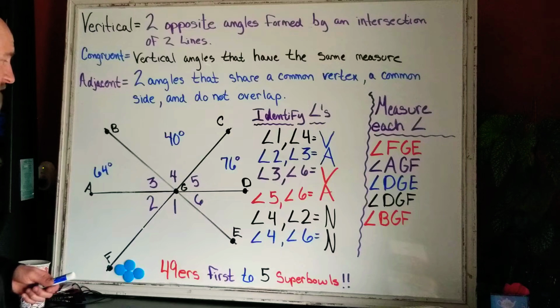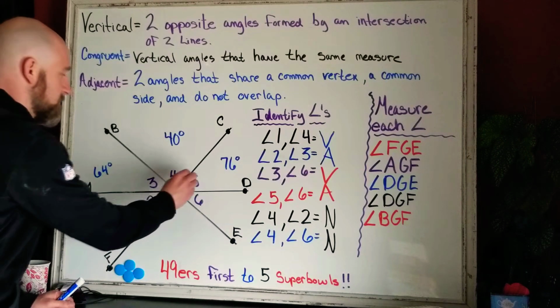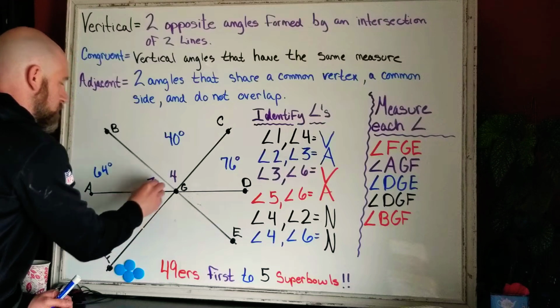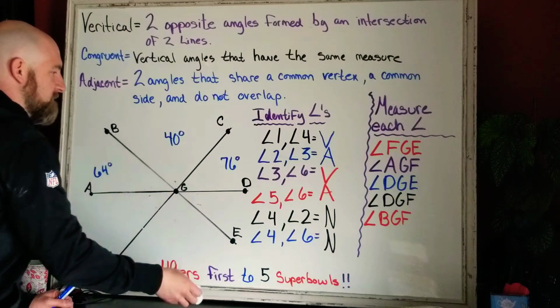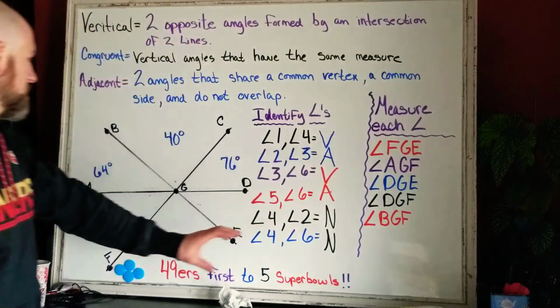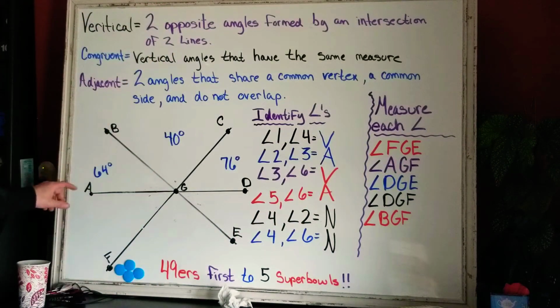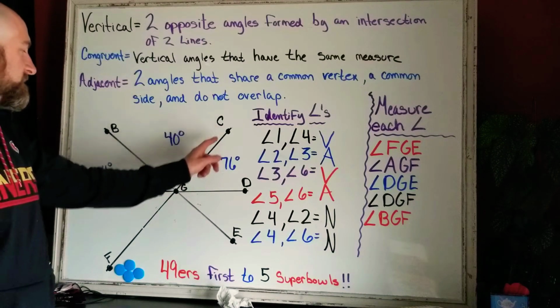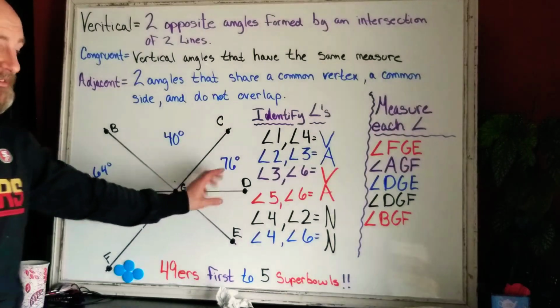I guess to make this a little easier, we'll get rid of some of these numbers. Get rid of the 5, the 6, the 1, 2, 3, and 4. So we have angle FGE. I guess before we start, we'll look. We see angle AGB is 64 degrees, BGC is 40 degrees, and CGD is 76 degrees.